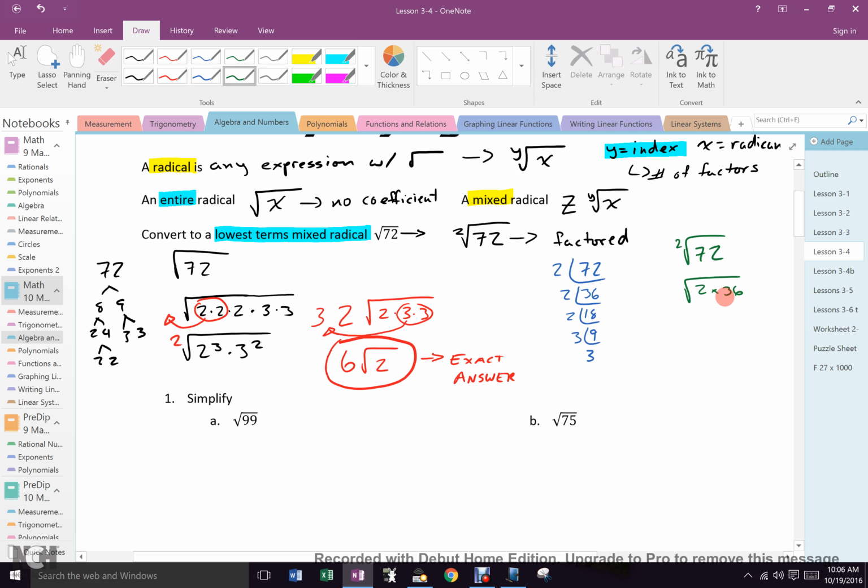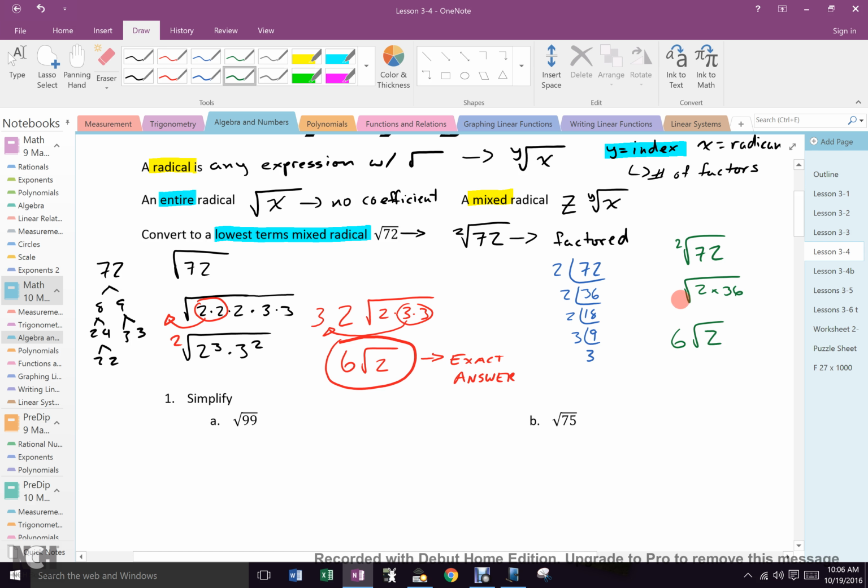Is that 72? So these are the same, aren't they? Does 36 have a square root? What is it? 6. So I can stop right there. Because I know this square root of 36 is coming out here, don't I? So I can go 6, and I left a 2 under there.